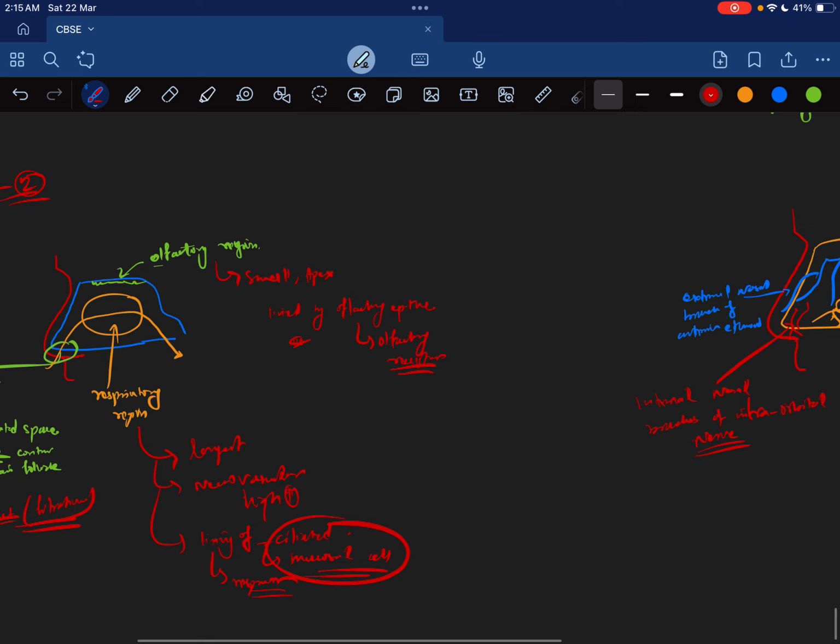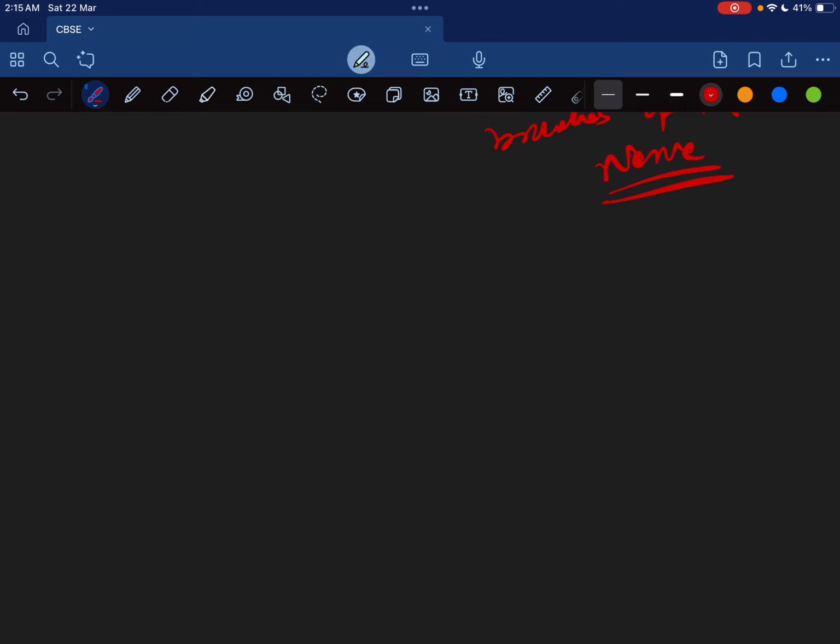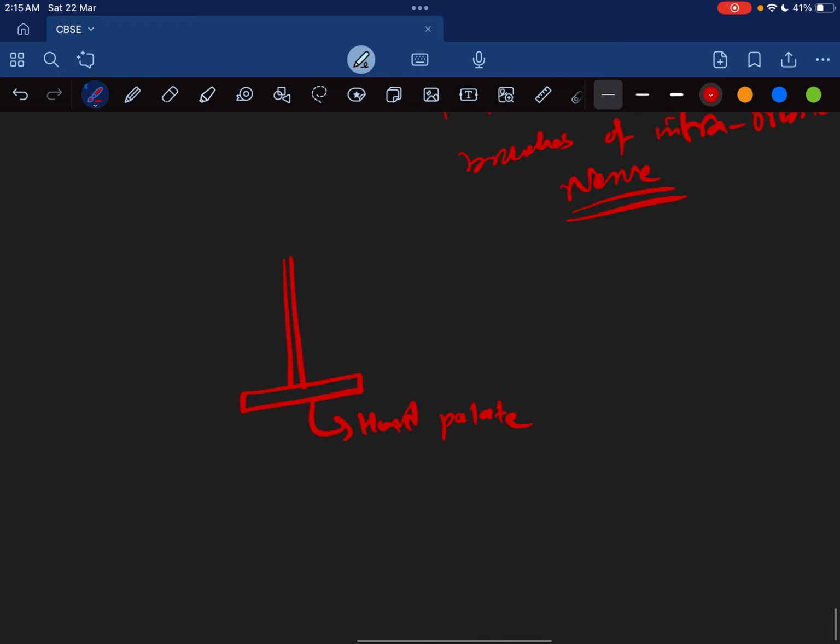After that we are going to deal with the conchae and meatus. This is the nasal septum, and this is the palatine bone, the hard palate. Looking from anterior to posterior, this is anterior and this is posterior.